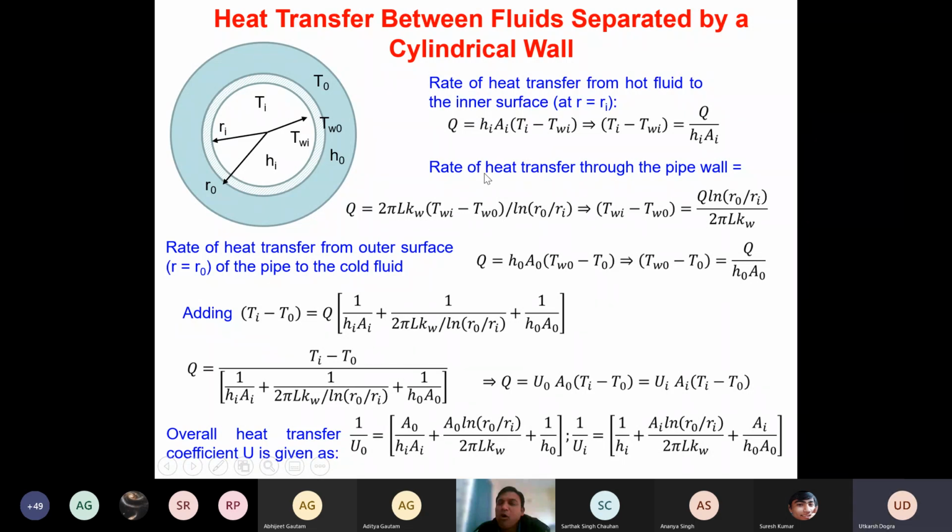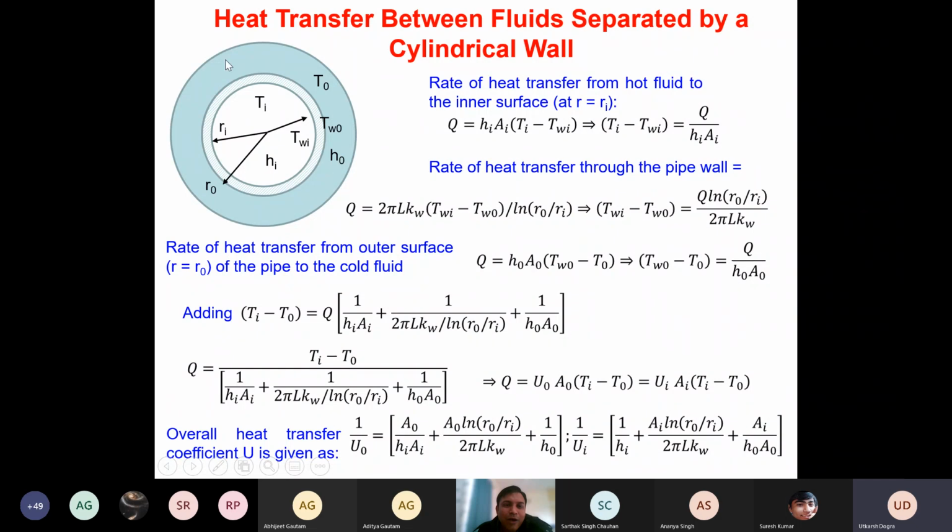This equation we have already derived earlier. Do you all agree? Yes. For a cylindrical wall, again we can rearrange this equation. We can get Tw1 minus Tw0, and that is given as Q ln R0 by Ri divided by 2 pi Kw L, isn't it?